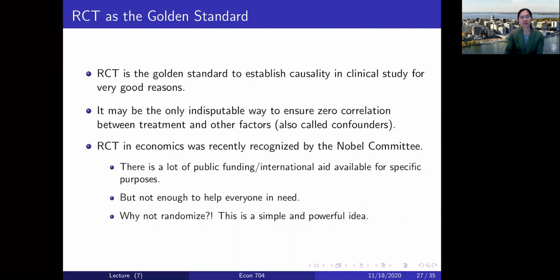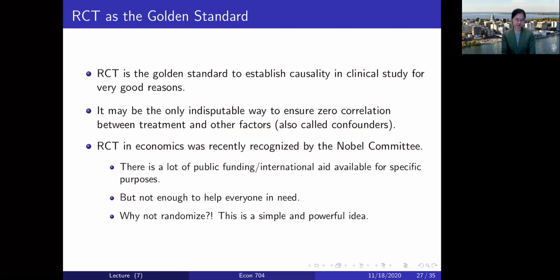Randomized control trial is the golden standard to establish causality in clinical study, for very good reason, because RCT may be the only indisputable way to ensure zero correlation, to ensure that the effect you estimate is consistent for the true causal effect, and that is not contaminated by other factors or confounders.